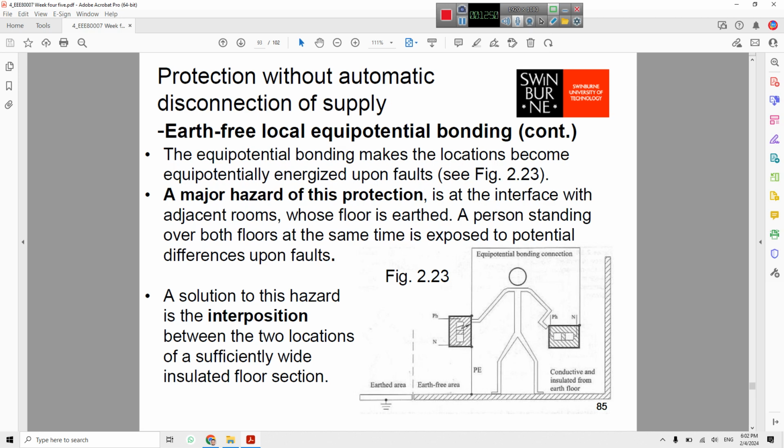So this is a danger for that area. And you can see here at the top the EBC, or equipotential bonding protection for both ECPs considered.